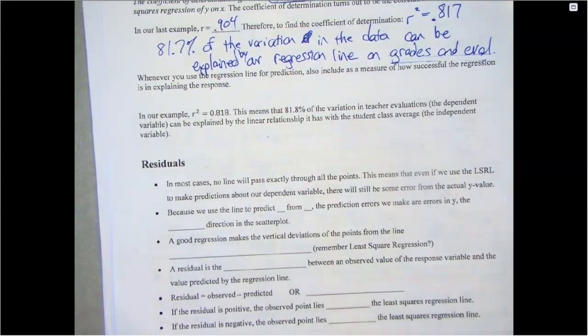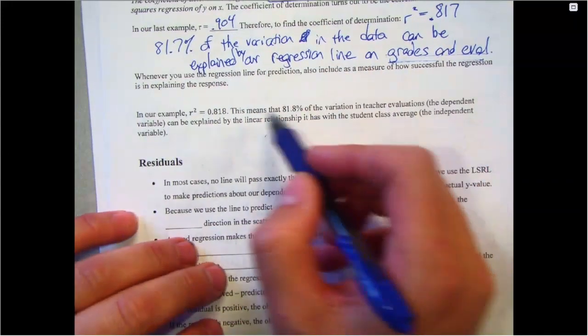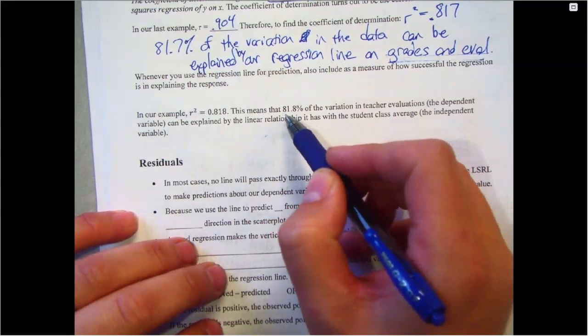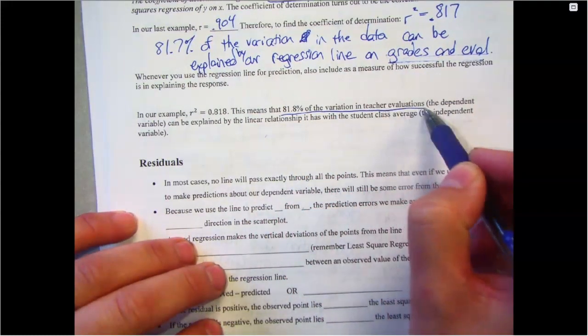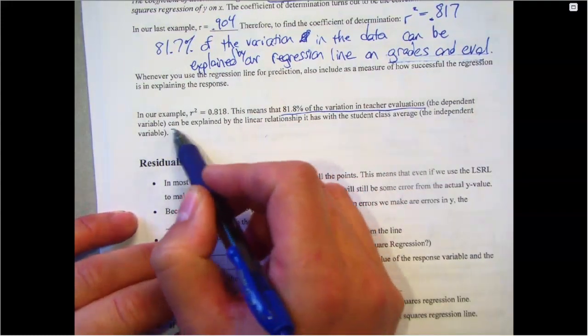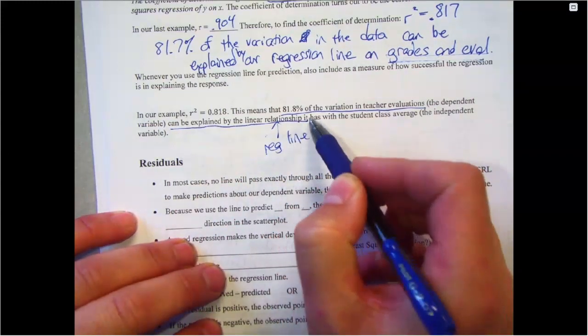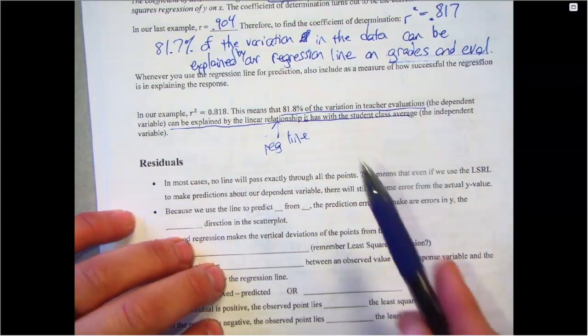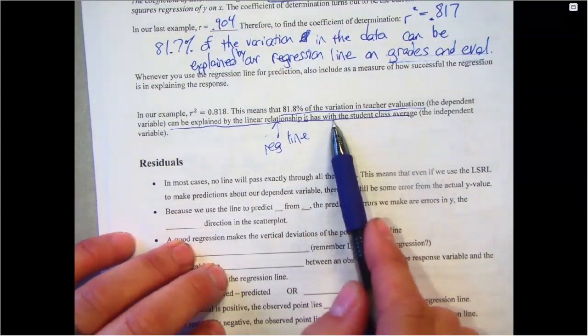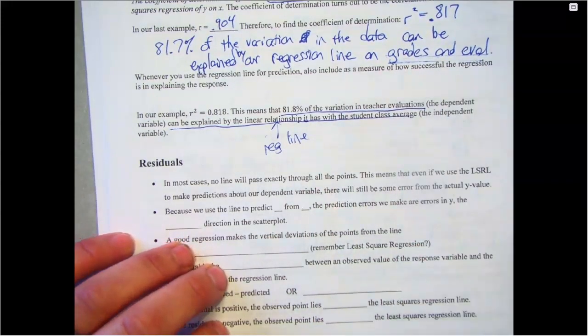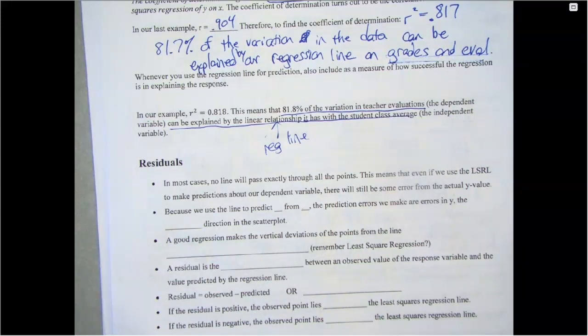There's a different way to write it out down here. 81.8% of the variation in teacher evaluations can be explained by the regression line on class average. So they put the context in the middle of the sentence where I put it at the end. It doesn't make a difference. You just want to put the context somewhere.